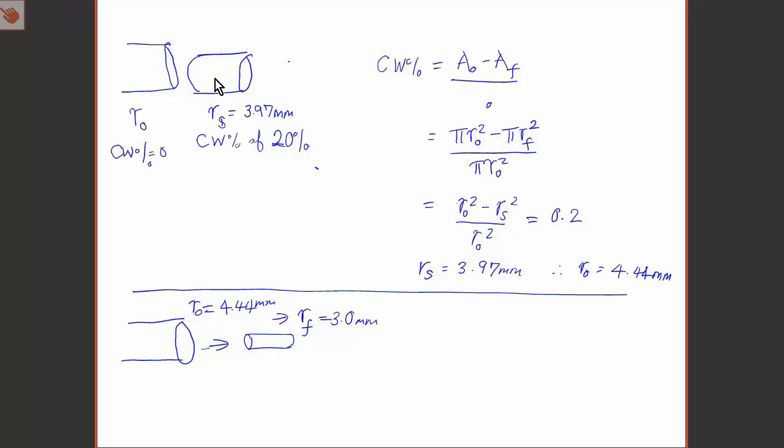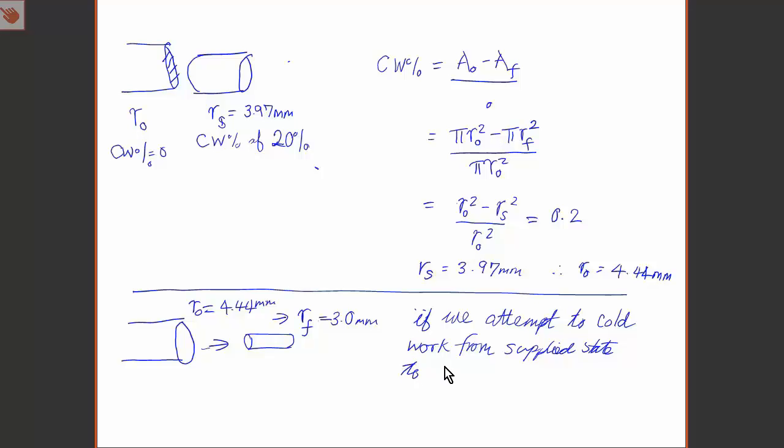If I attempt to squeeze the supplied material down to 3 millimeters, then the cold work can be calculated using this same equation, but we must remember that A naught will always equal the cross-sectional area of the original material in its non-cold worked state. So if we attempt to cold work from the supplied state to RF equals 3 millimeters, then the percentage cold work is equal to this equation.